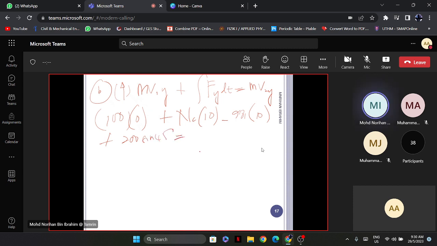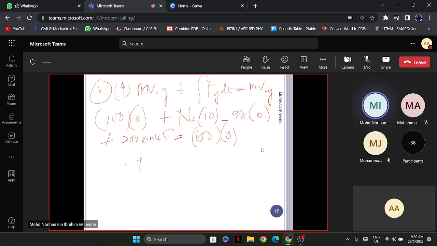It is equal to m times v2y. There is no motion in the y direction, so v2y is equal to 0, because it moves on a smooth horizontal surface. We only have one unknown, which is NC.